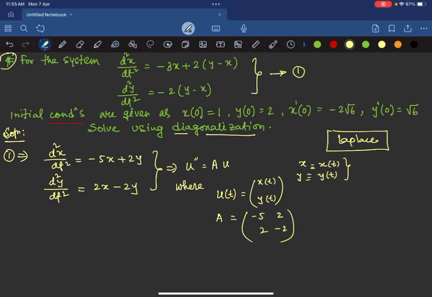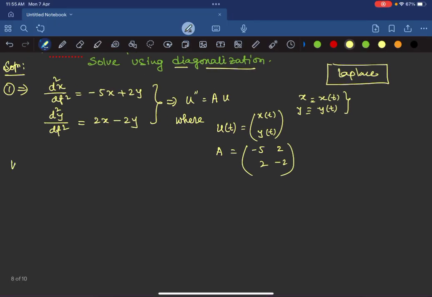Under this setup we need to apply the diagonalization process. That means we need to diagonalize the matrix A, then we can proceed further.